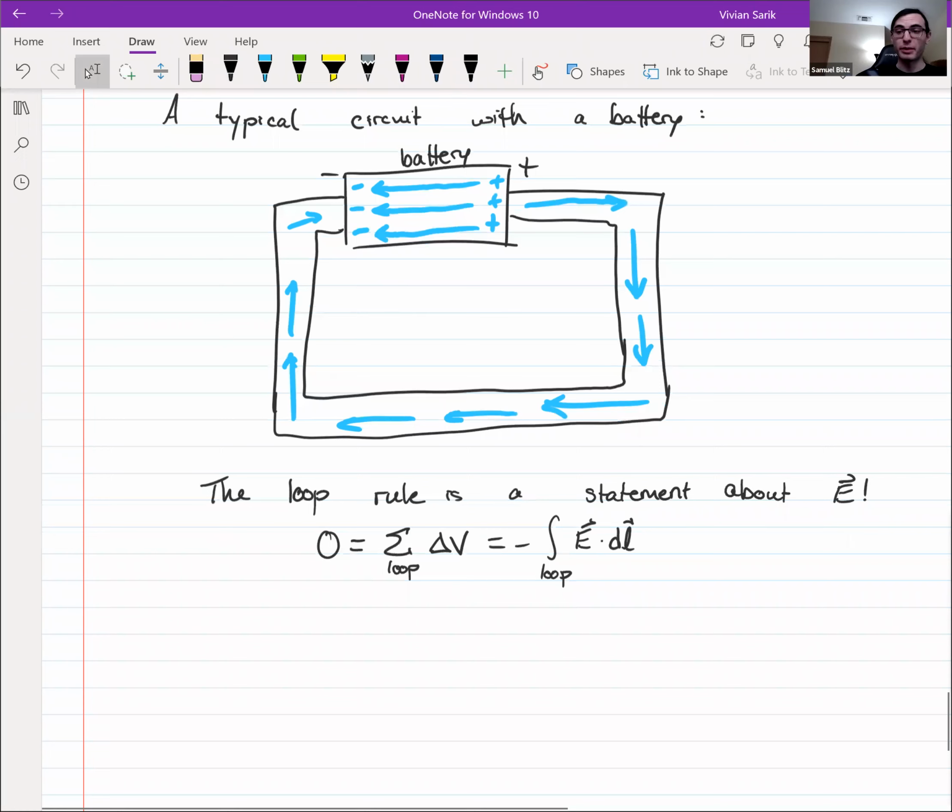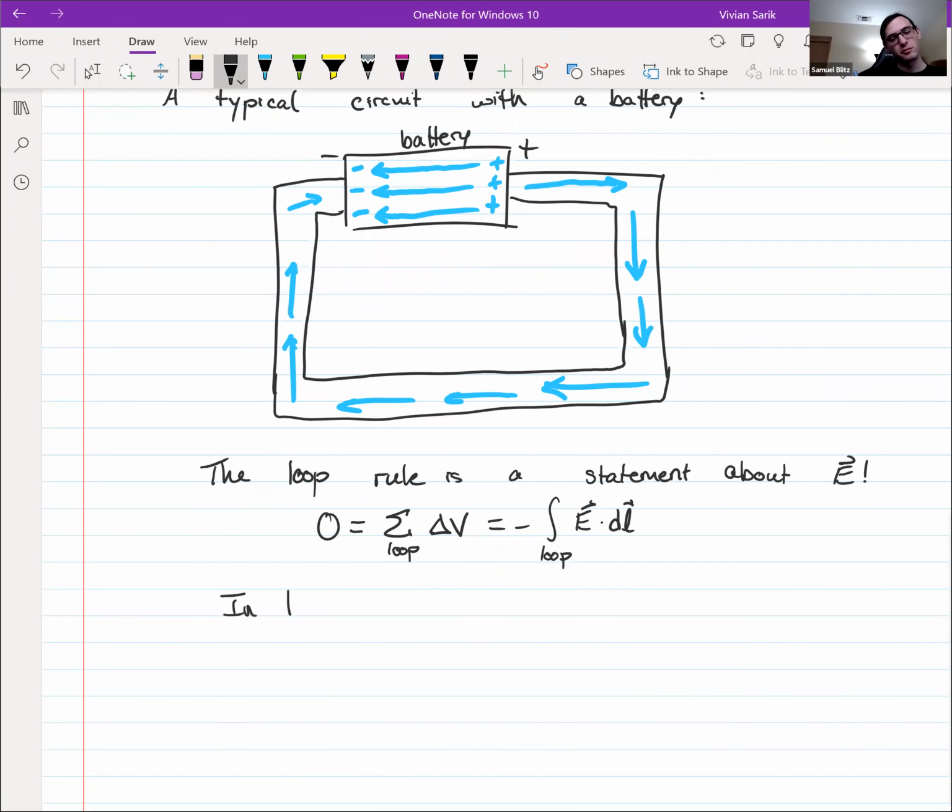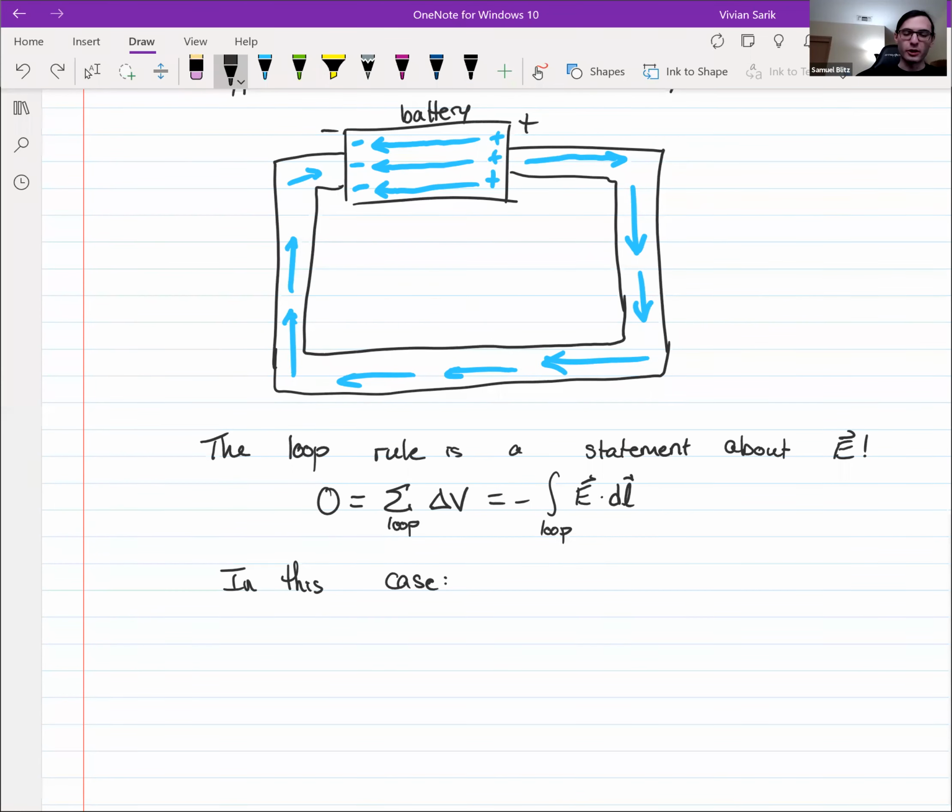So in the case above, there are two places that have different electric fields. The electric field is constant everywhere inside the conductor, and it's constant inside the battery, but they're potentially different values because they're different distances and so on. So we have that 0 is equal to an integral of the electric field inside the battery of E dot dl, and an integral through the conductor of E dot dl.